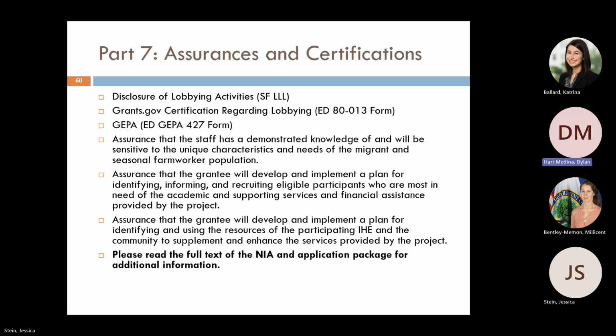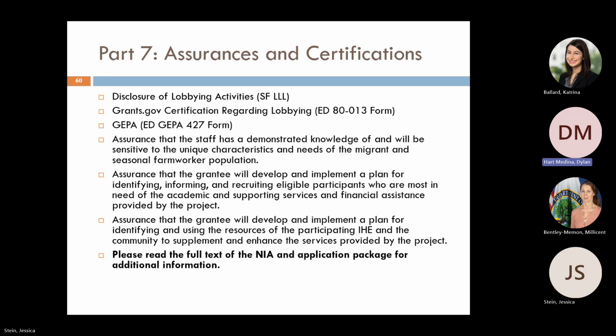Part 7, Assurances and Certifications. Applicants should be certain to complete all required assurances and certifications in grants.gov and include all required information in the appropriate place on each form.